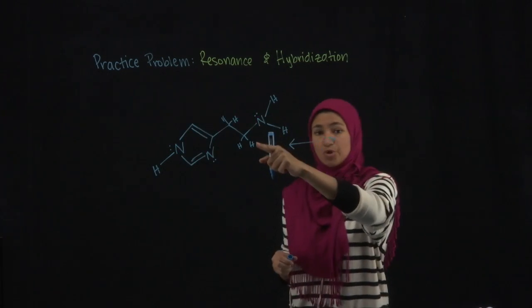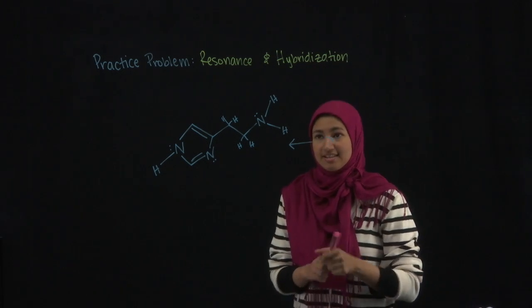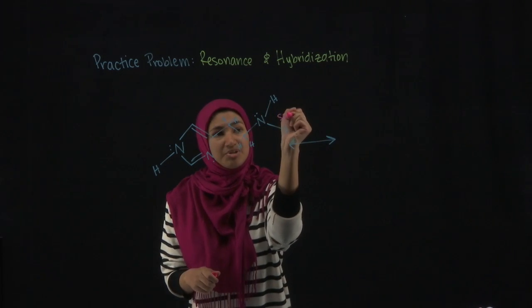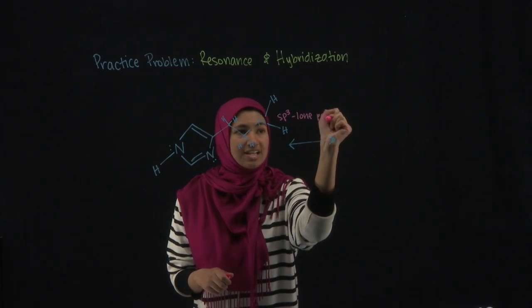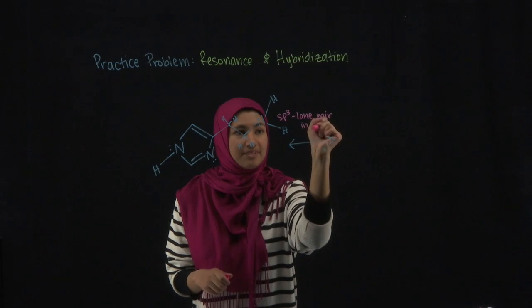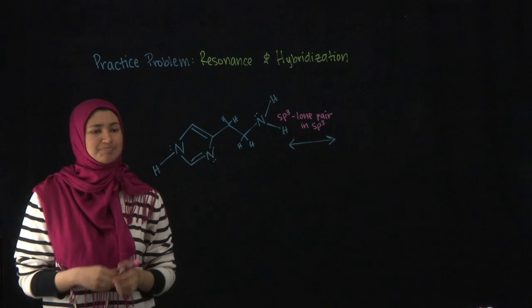Doing anything with this lone pair would violate an octet rule for this carbon. So we can say that this nitrogen is indeed sp3 hybridized, and the lone pair is in an sp3 hybridized orbital.